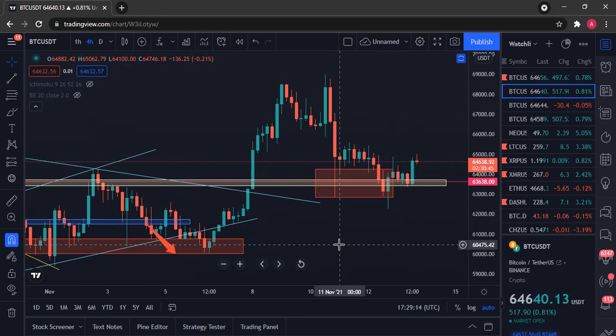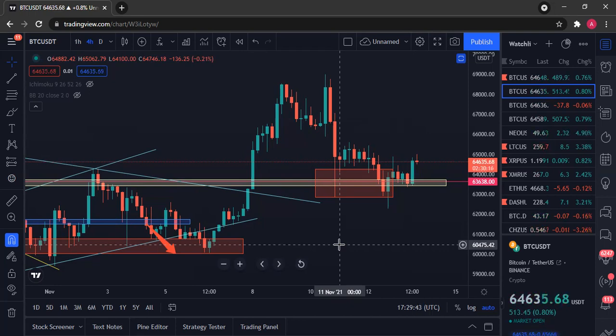Each and every candlestick you see printed on the chart is a fight between the buyers and sellers. If the candle ends up green, that means the buyers won in that particular market. And if the candle ends up red, that means the sellers won in that particular market.